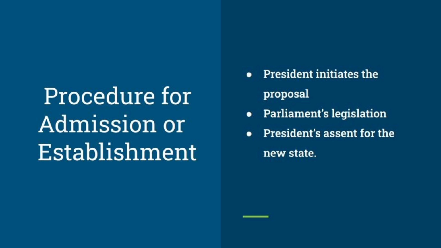We saw about the admission and establishing, and next we are going to see how the procedure works. The process for the admission or establishment of new states under Article 2 involves several steps. The first step is the President initiates the proposal.